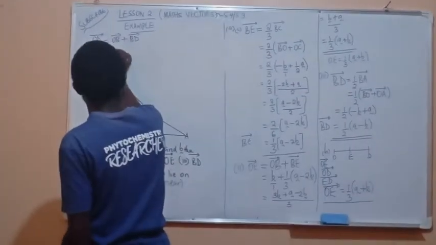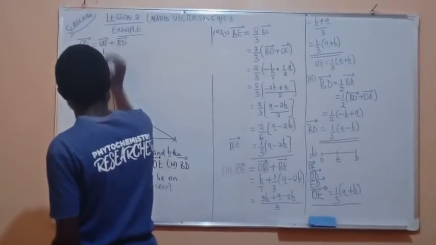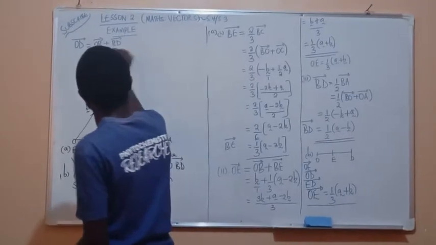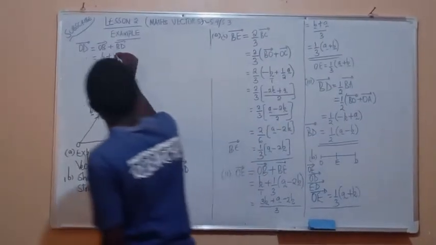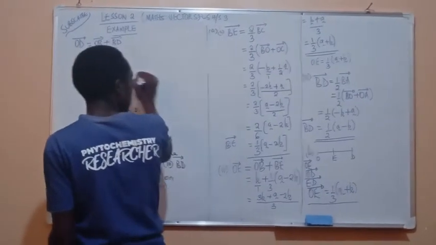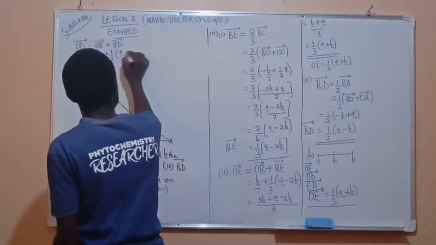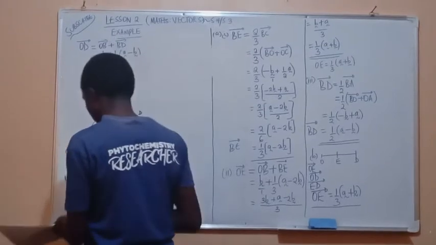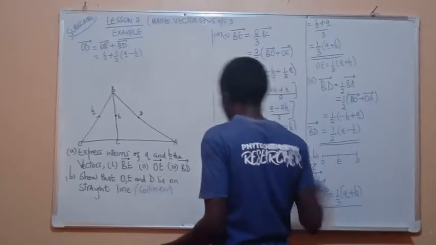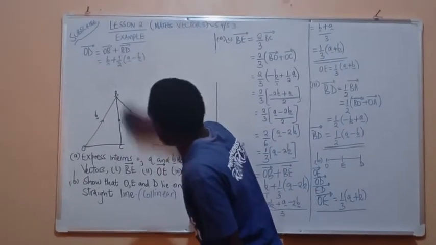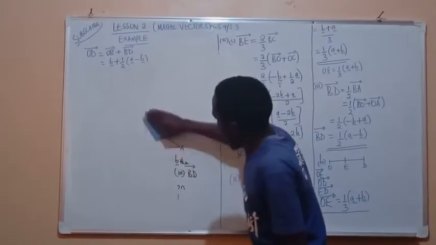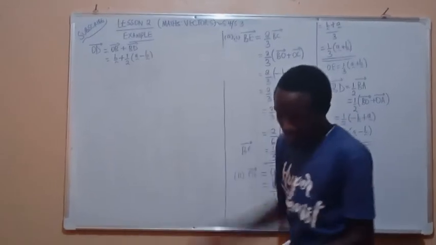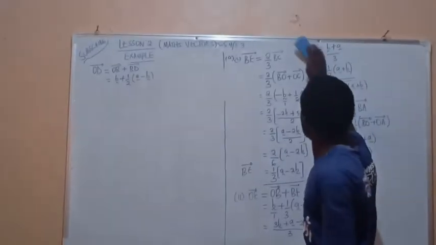Interesting. So OB is vector B, already given there, plus BD. My BD is a half into A minus vector B. Even if I remove this, there is no problem because all the information I need, I've already obtained.